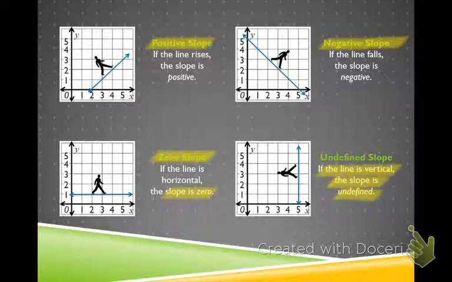And this goes back to earlier in the chapter when we learned the vertical line test to determine if it's a function. Again, it just comes back to if it's a vertical line, it's not a function. Well, if it's a vertical line, the slope is undefined. So you need to know that. Positive, negative slope, 0 is a horizontal line, and a vertical line is undefined.